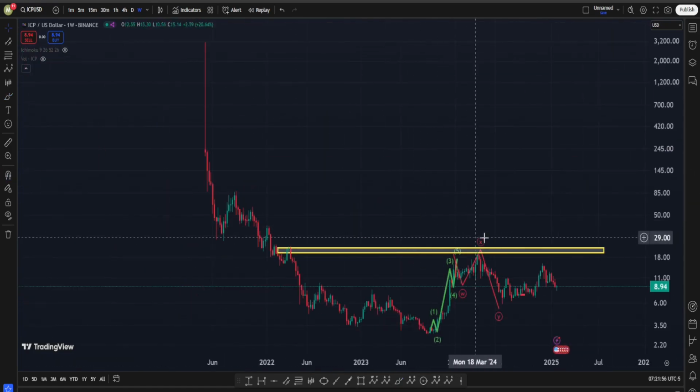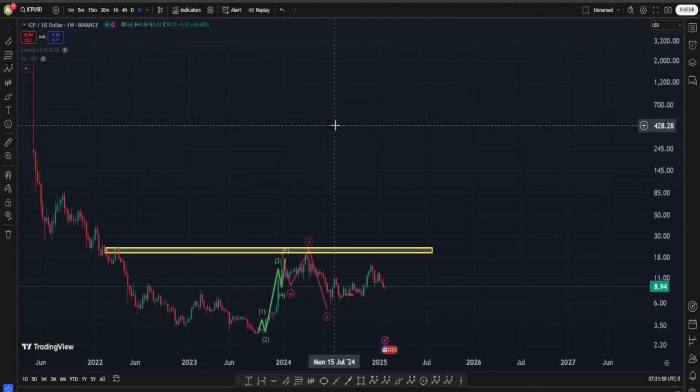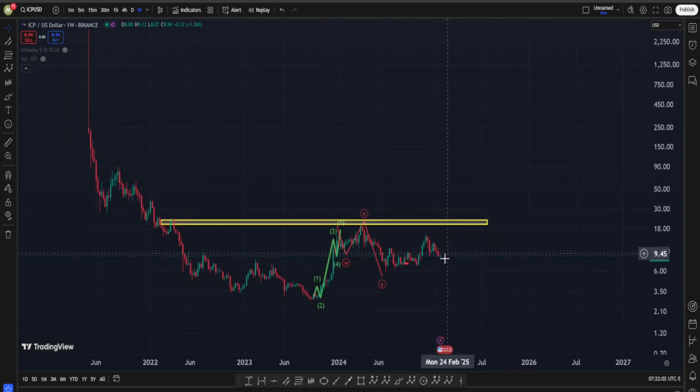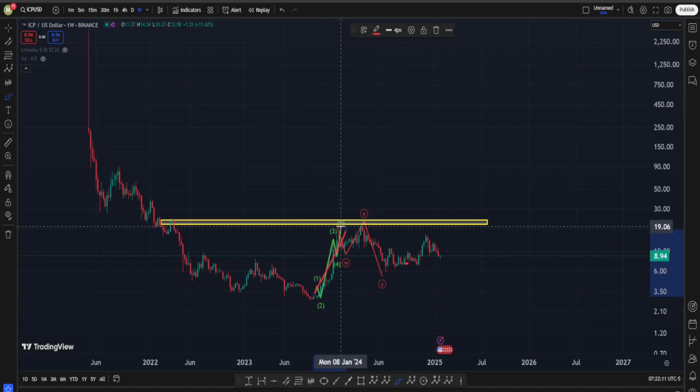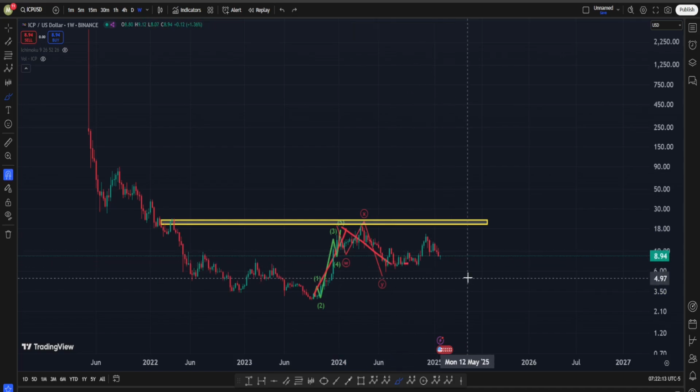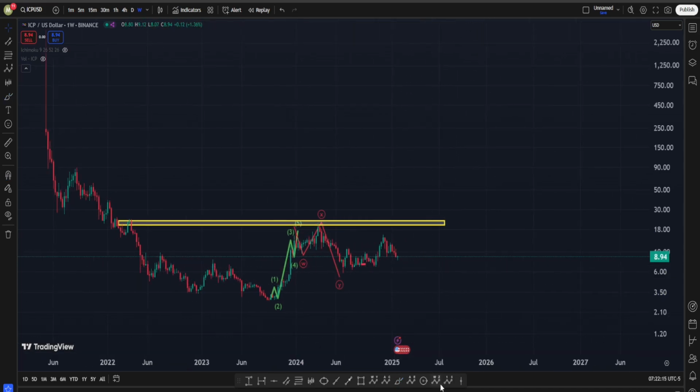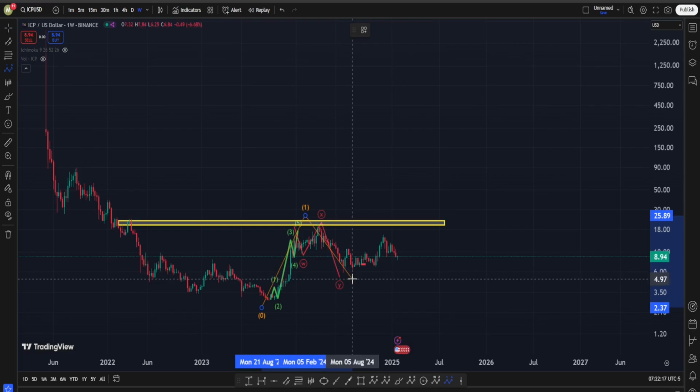Where are we then? Okay, this brings me to the long-term structures in Internet Computer, and I told you so many times. Look, in ICP, from the lowest low, we are having an unbelievably clear 5-wave up, and followed by that, this is a correction structure on the downside, and I'm gonna say this is actually a wave 2.